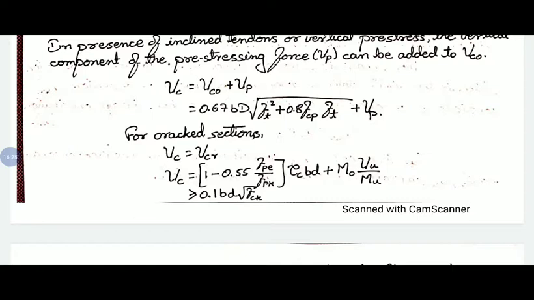In this equation, the term (1 minus 0.55 fpe by fpk) into tau c b d is the additional shear that changes a flexural crack to a flexure shear crack. So this parameter gives the additional shear such that a crack developed due to flexure is converted into a crack developed due to shear, flexural shear.